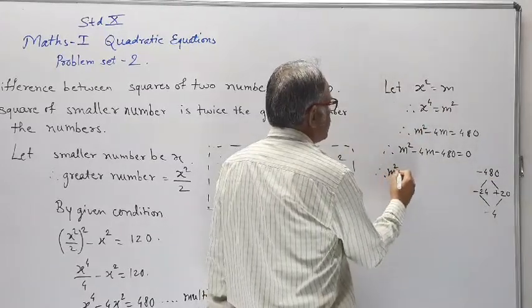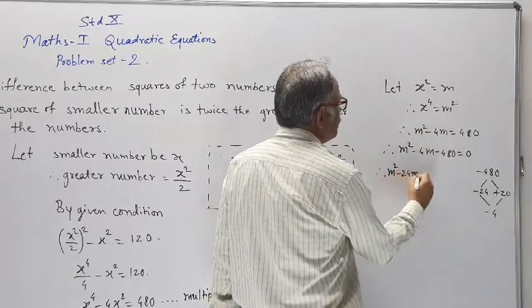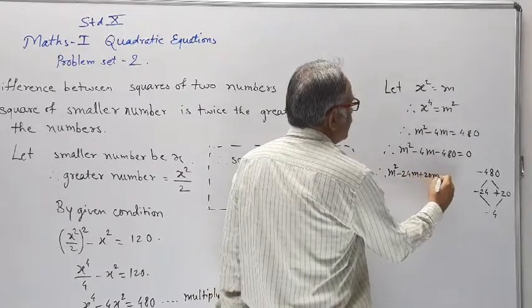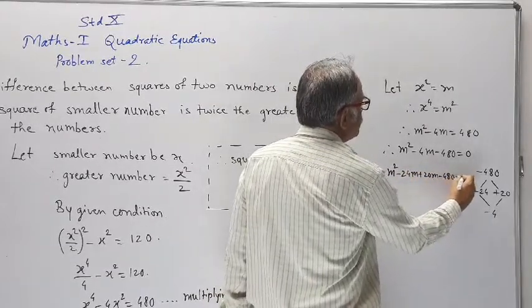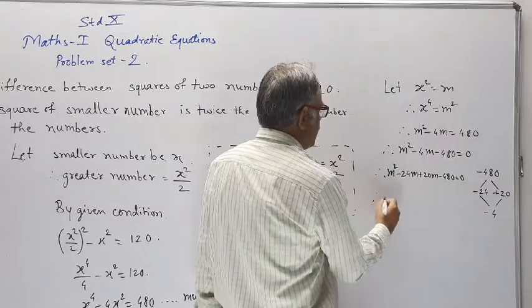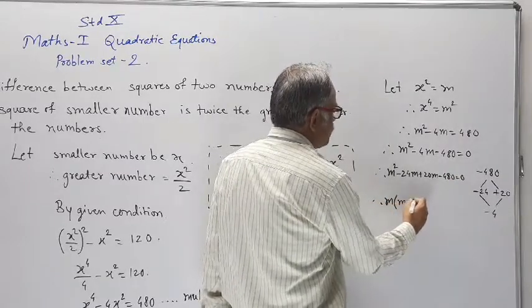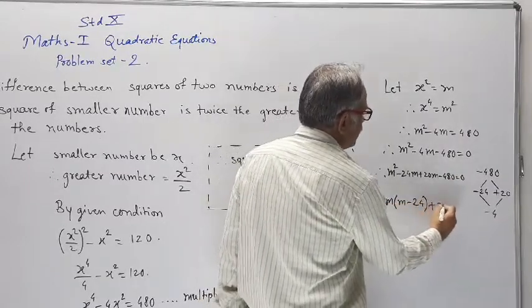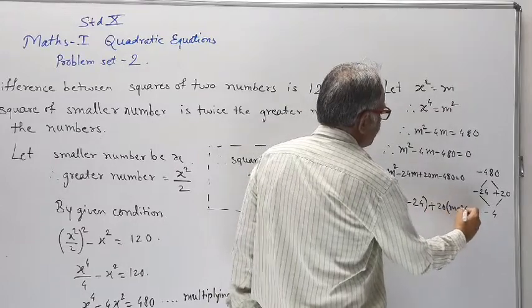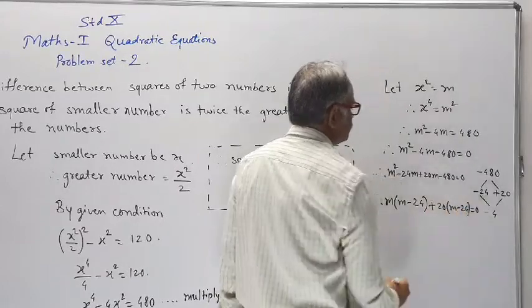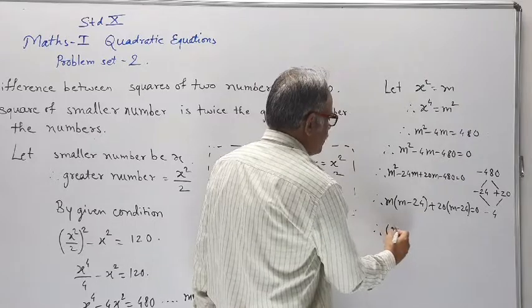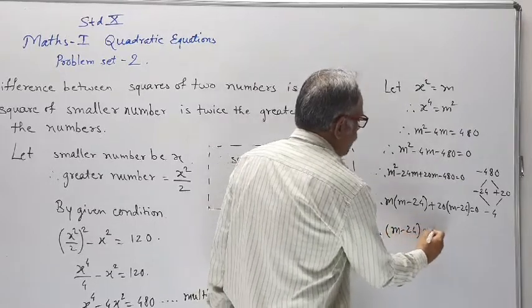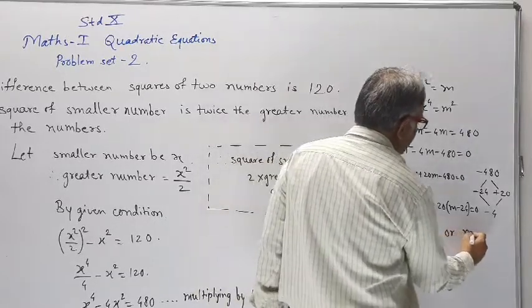Therefore, m square minus 24m plus 20m minus 480 equals 0. m into m minus 24 plus 20 into m minus 24 equals 0. m minus 24 is 0 or m plus 20 is 0.